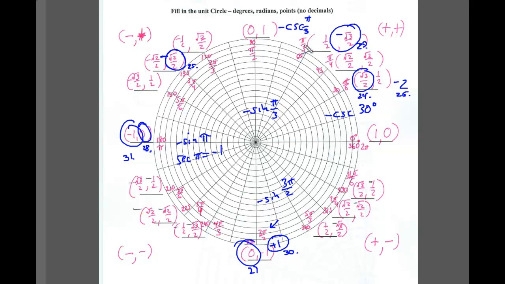And what we'll do there is we will take a look at the 1 over sine value, and sine is going to be our y value here. So we flip this on its head, and since we've done this many times before on the unit circle, this is going to be 2 square root of 3 over 3, and because we have a negative in front of cosecant, boom, there is our answer for problem number 32.